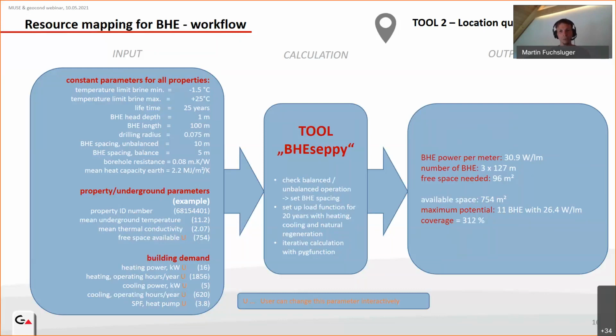The next is we calculate how much power is possible when you fill all your free space with borehole heat exchangers. The power drops to 26.4 watt per linear meter, and so we can calculate a coverage between what's maximum possible on this property and what's needed. In this case, it's 3 times more than what's needed.